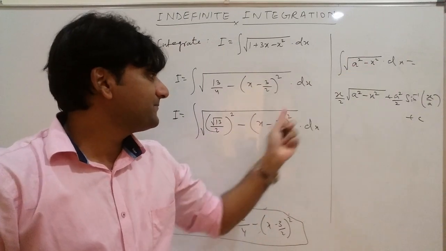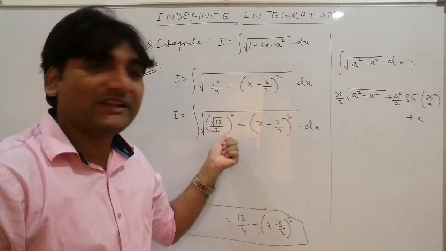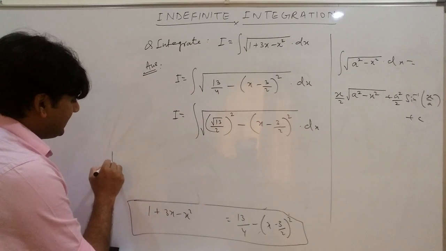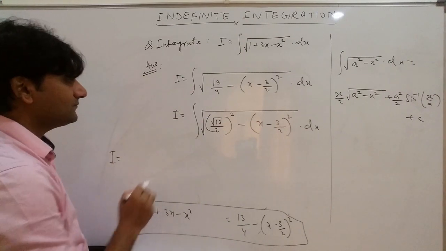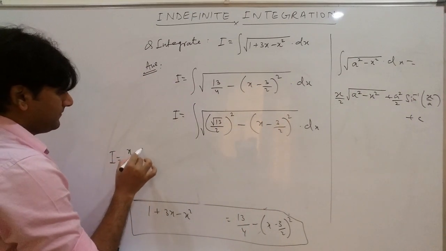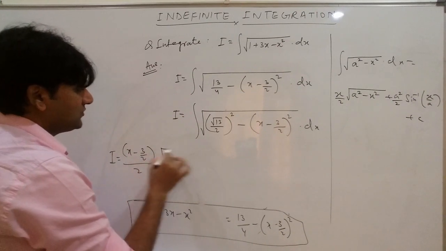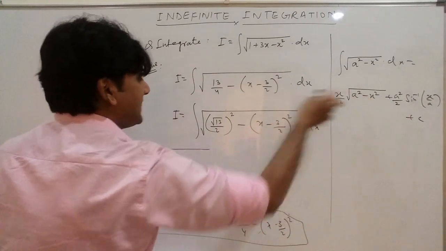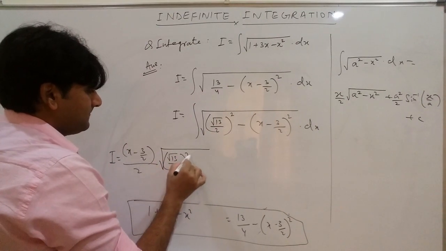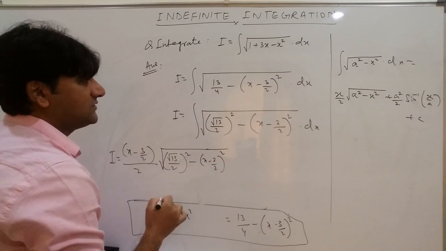So instead of x, I will write x minus 3 over 2. Instead of a, I will write root 13 over 2. I will use this formula. So this I equals x over 2, where x means x minus 3 over 2, then root a square minus x square. What do we have? Root 13 over 2 whole square minus x minus 3 over 2 whole square.